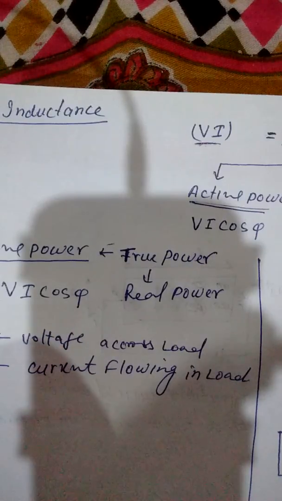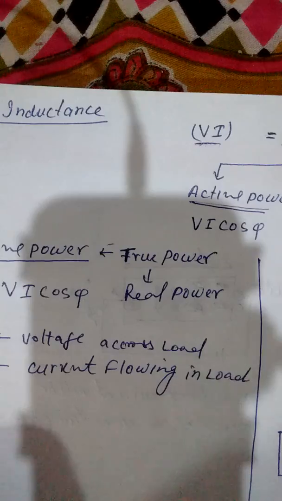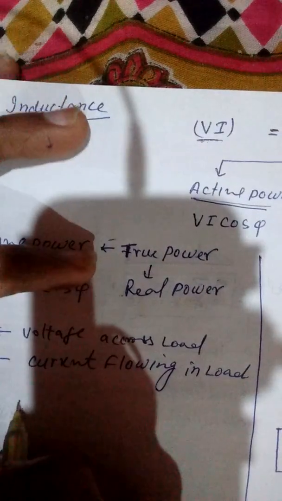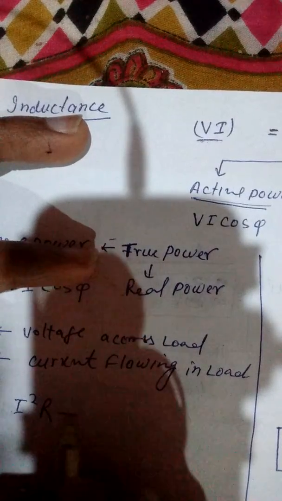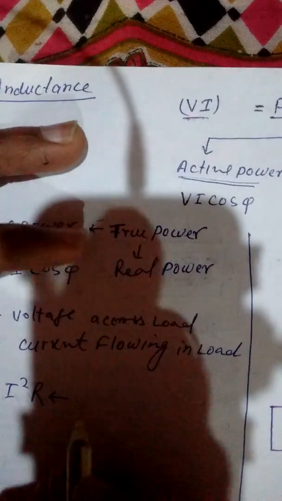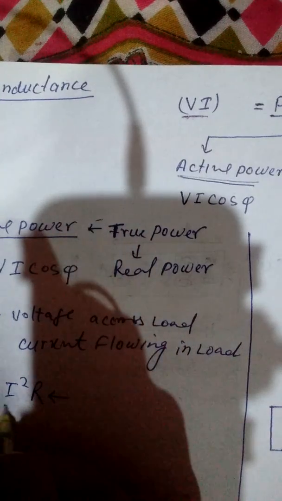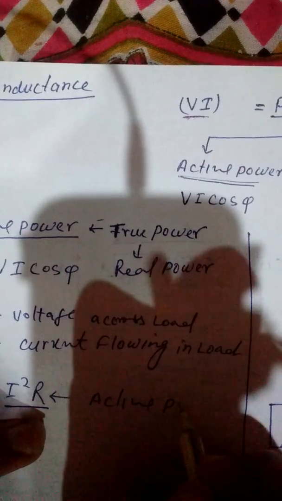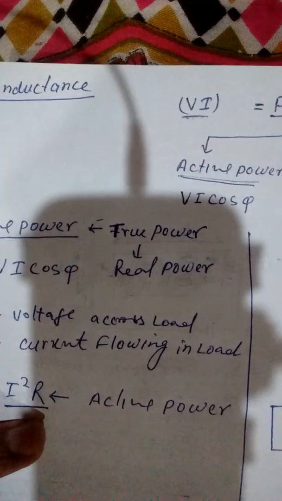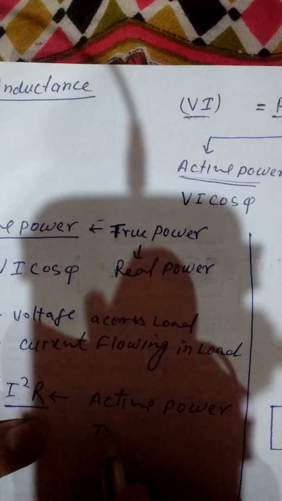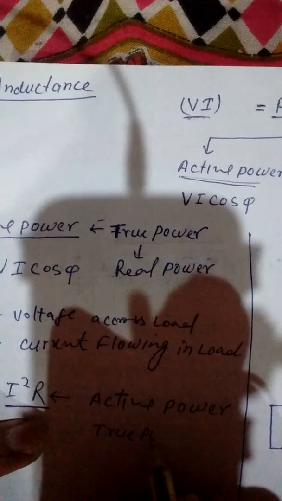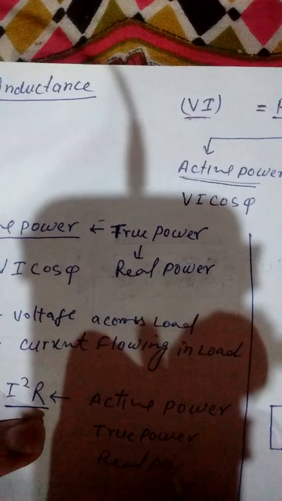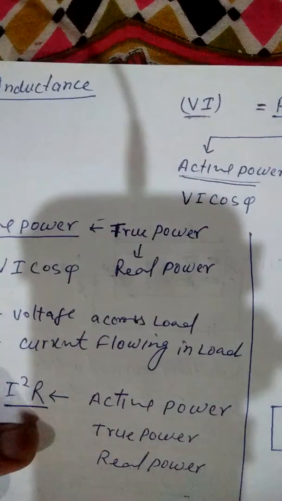For example, if you consider a heater, then in the heater the loss will be I square R, and this I square R loss will be active power, or we can say true power or real power.